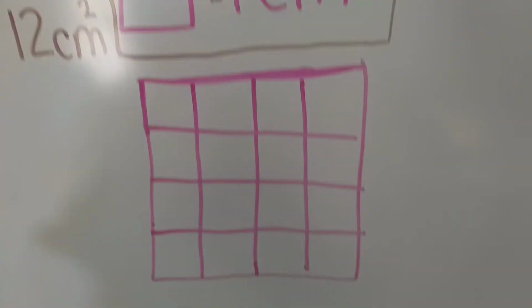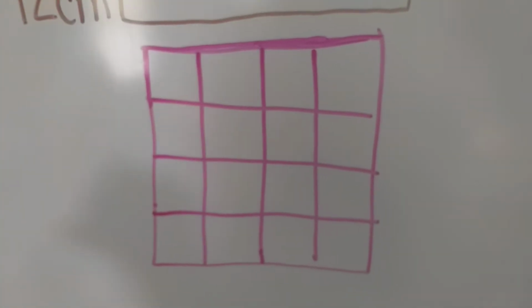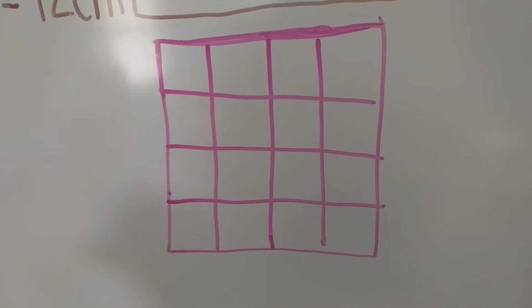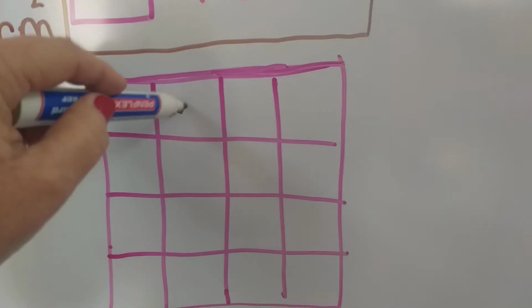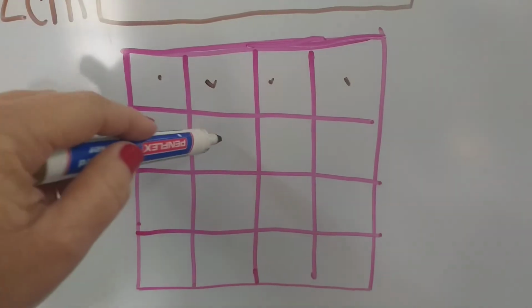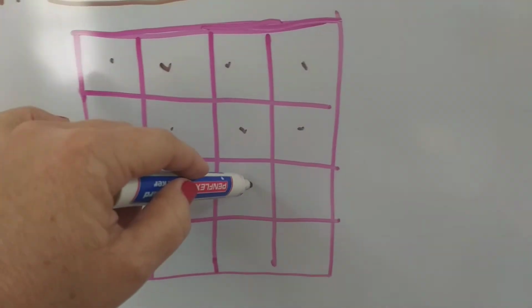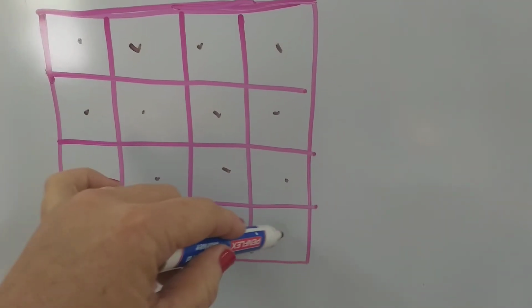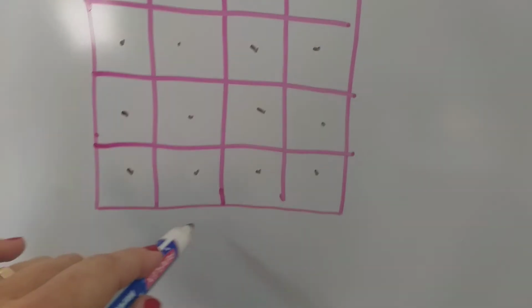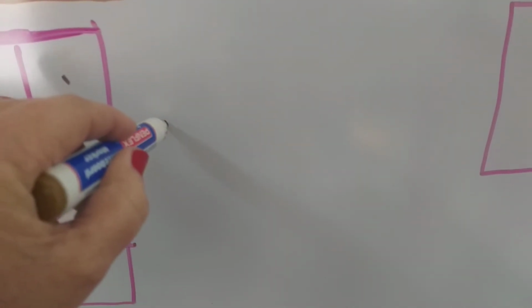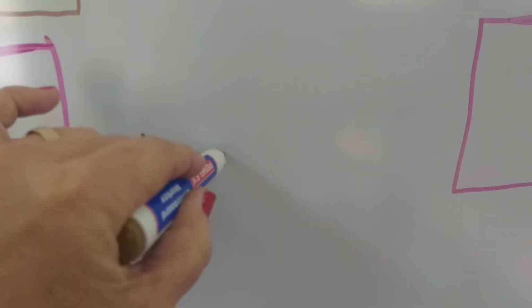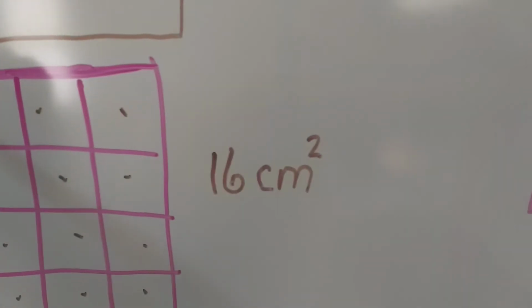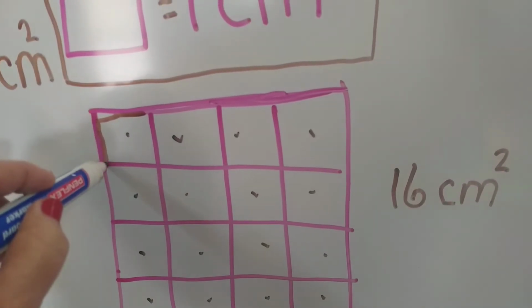If I were to ask you what is the area of this square here, you could count the blocks: 1, 2, 3, 4, 5, 6, 7, 8, 9, 10, 11, 12, 13, 14, 15, 16. Then you would say the area of this square is 16 centimeters squared, because each one of these is a little square.